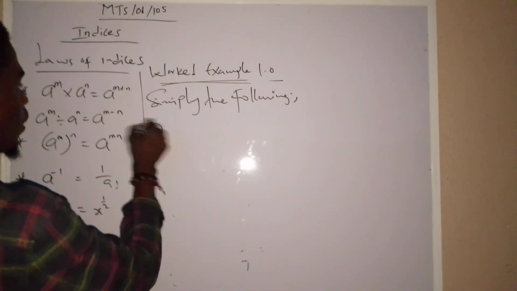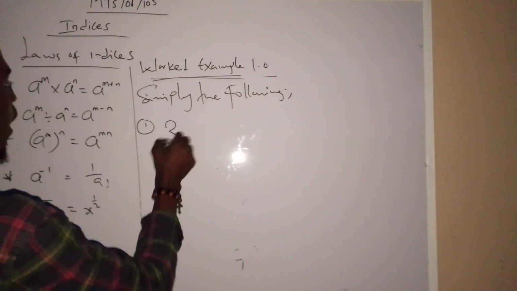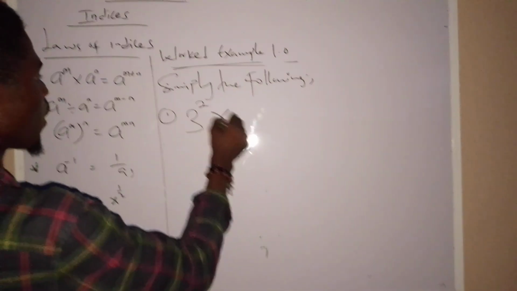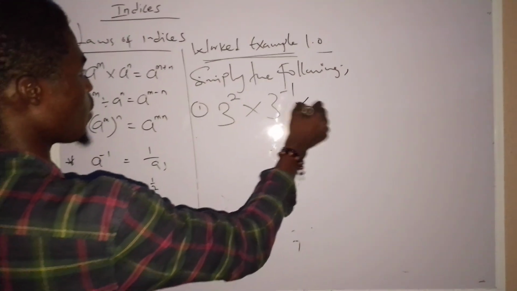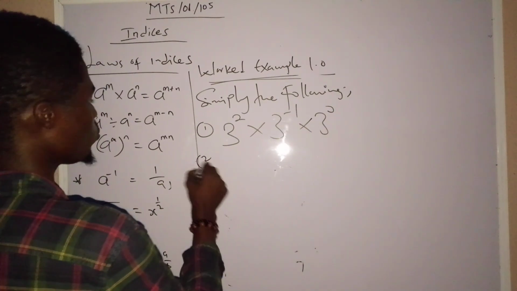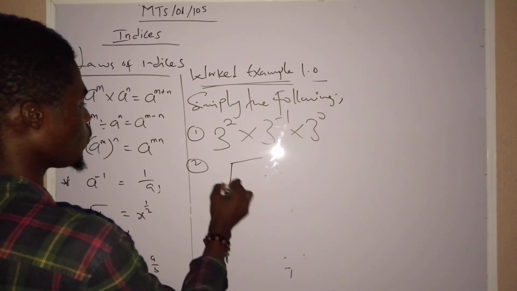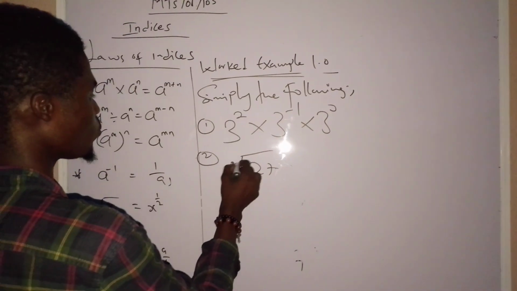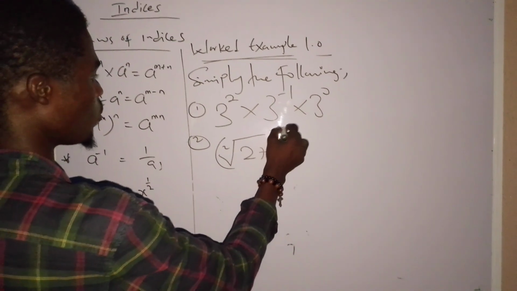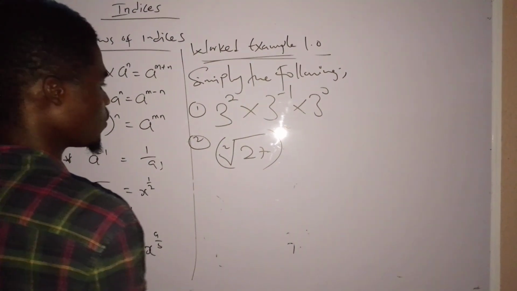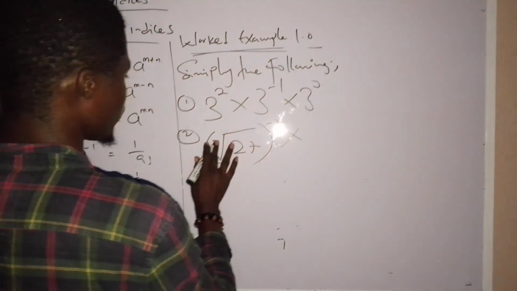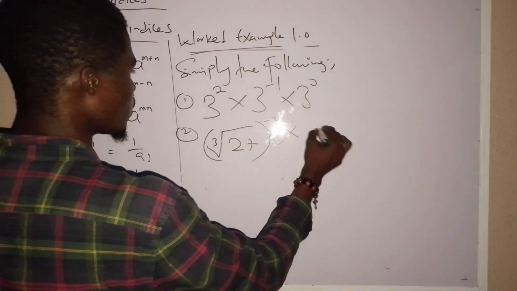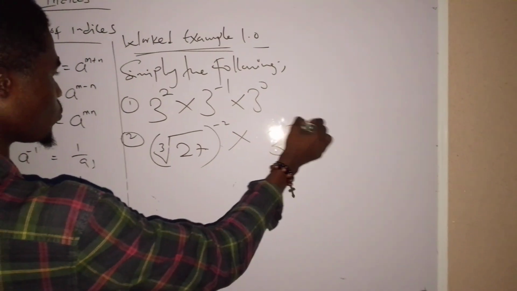Question 1: I have 3 raised to power 2 multiplied by 3 raised to power minus 1 multiplied by 3 raised to power 0. Then 2: I have the cube root of 27, times 3 raised to power minus 2.